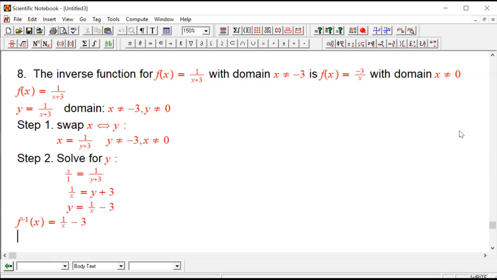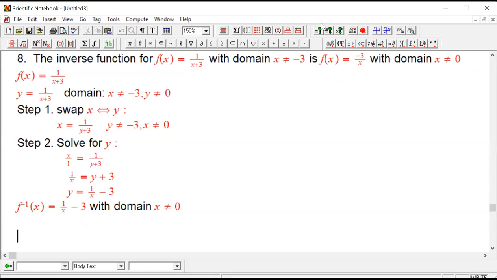The domain is set correctly. The domain is x cannot be 0. So that part is correct, but this statement in general is false. That's number 8.